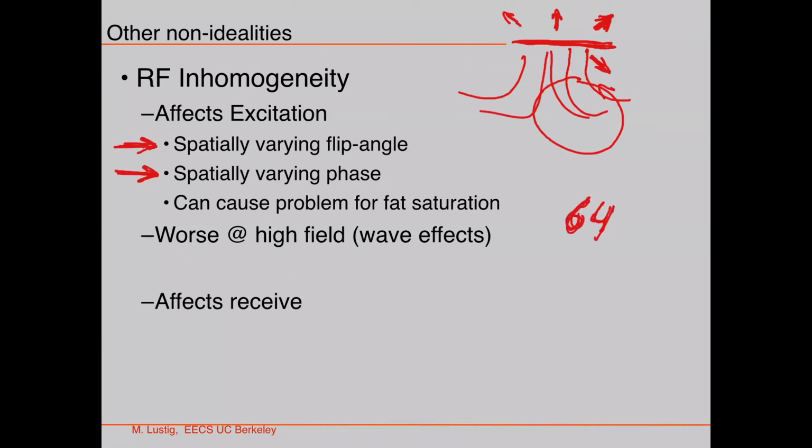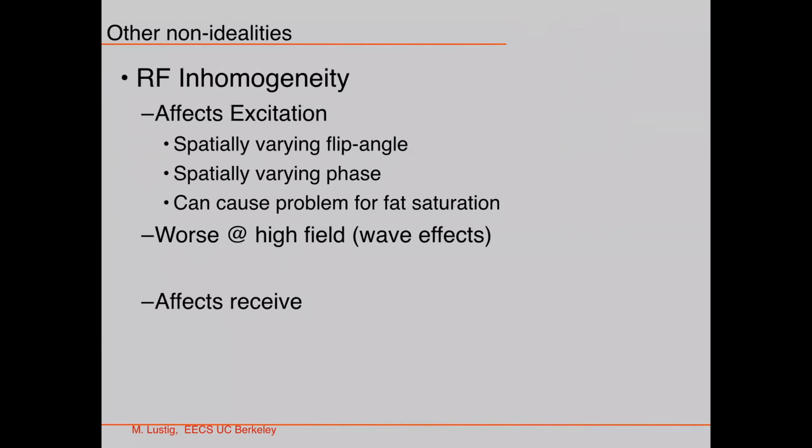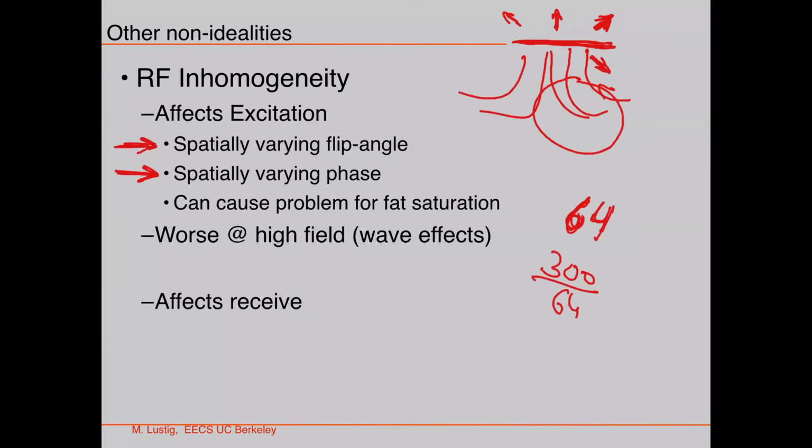If you want to know the wavelength, do 300 divided by 64, since the speed of light is approximately 300,000 kilometers per second.